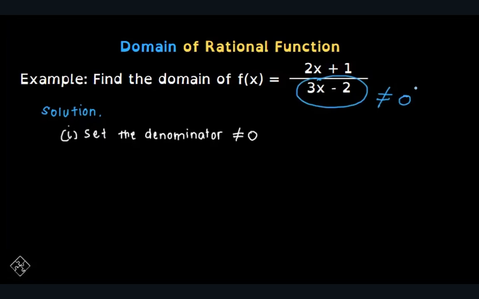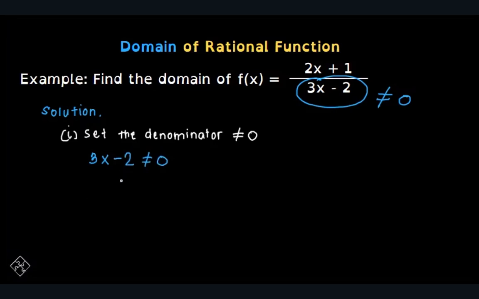So, we just write it here. We have 3x minus 2, and that should not be equal to 0. Okay? So, that is our equation.